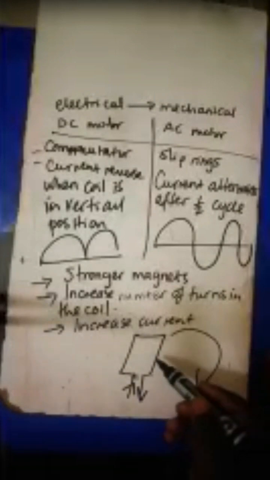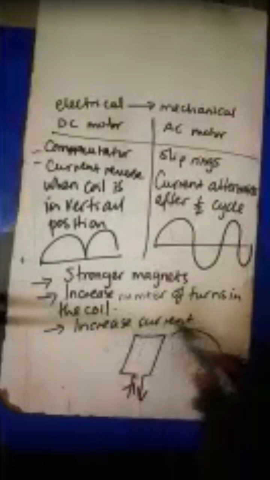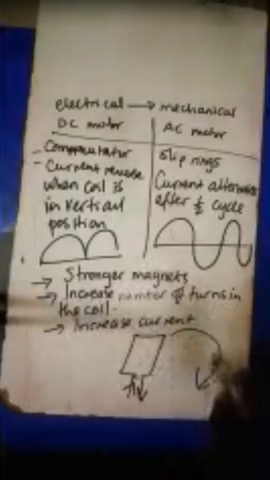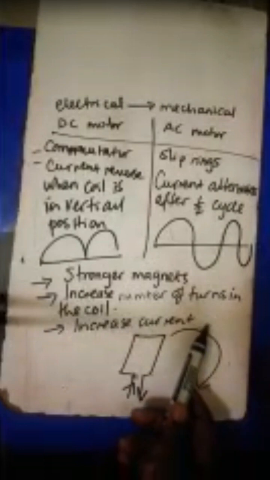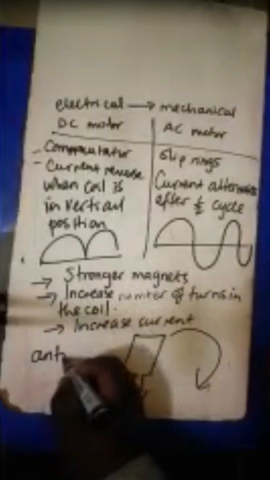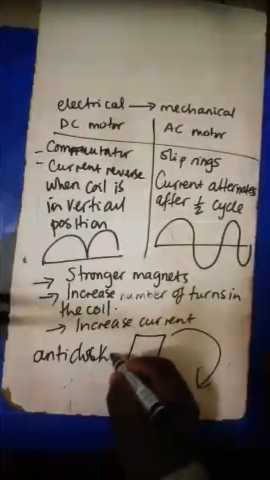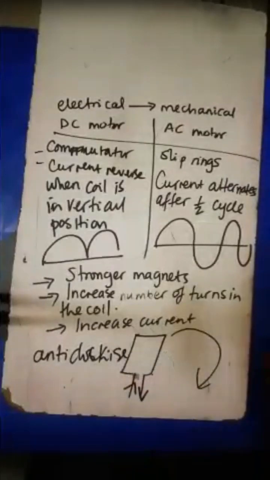Which means if the current is going clockwise, the way you go in maths, then the coil must rotate anti-clockwise. The coil is in the opposite direction to the current. Are we following, colleagues?